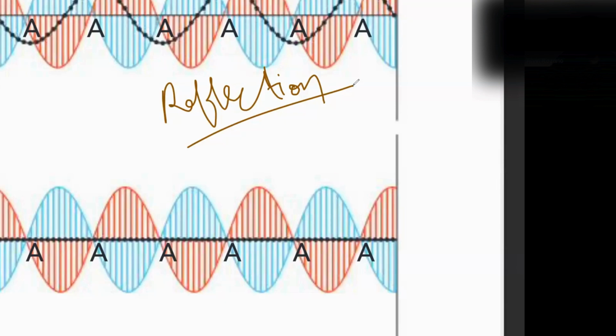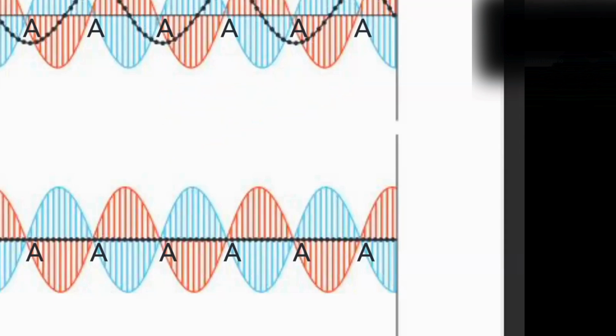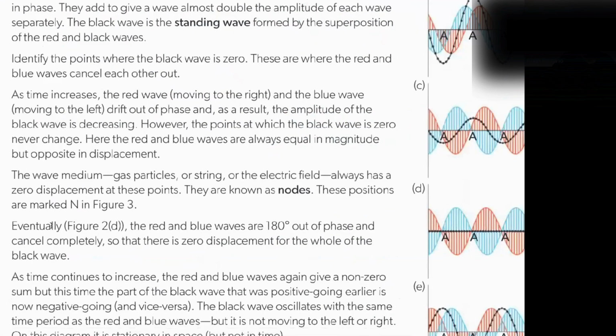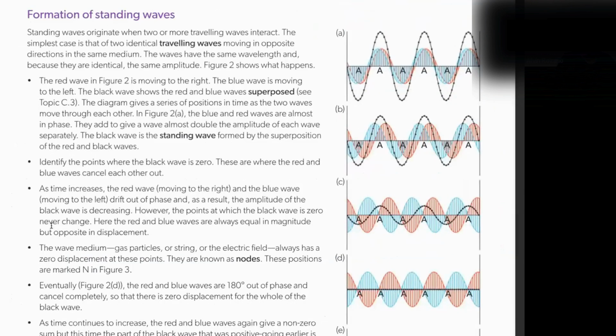There is more mathematical part to standing waves, which we are going to now. This is the outlook of a standing wave: what they are and how they form. Now we are going to understand the parts of a standing wave. The red wave and blue wave are superposed, meaning superimposed, and form a standing wave.